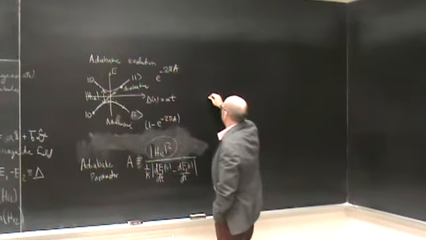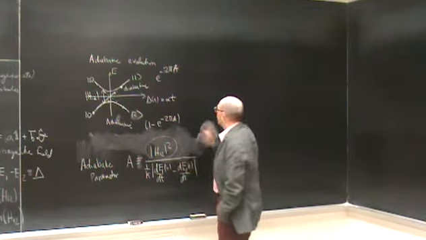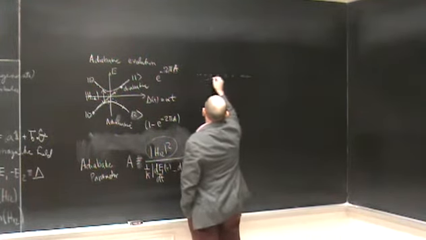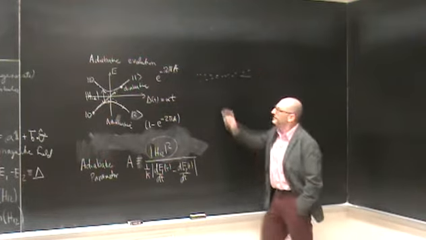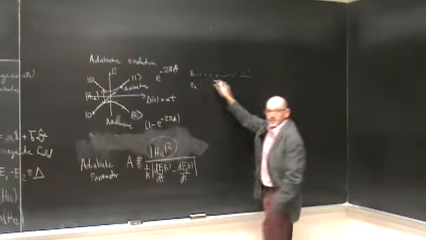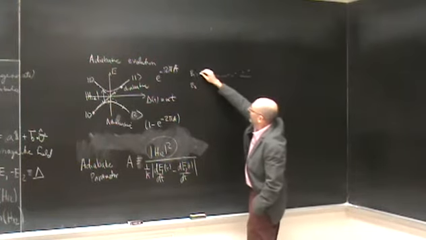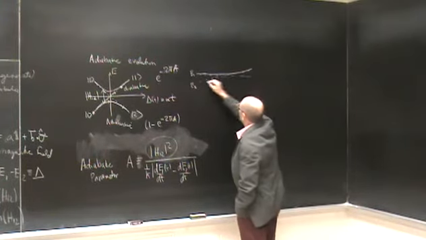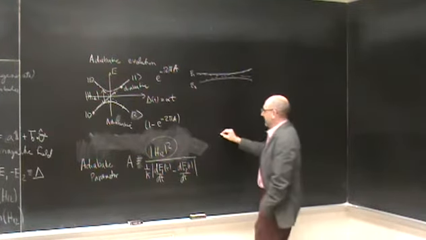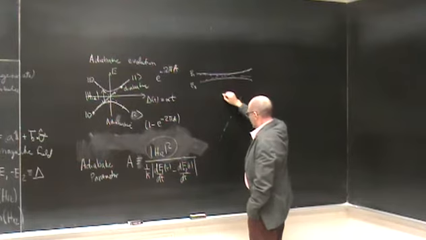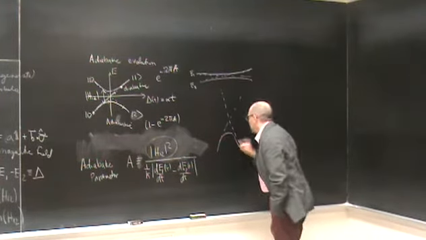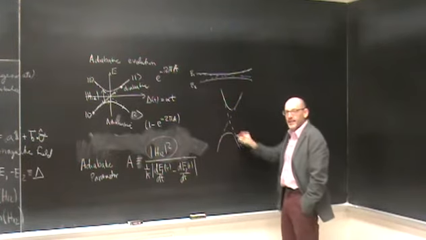So if I have two systems, you notice it looks like the difference of the slopes. If you have something which is very shallow, this is E1 and this is E2, if they don't change very much as a function of time, then I don't need as big of a gap, and I'm guaranteed to stay adiabatic. On the other hand, if the two levels come up with very different slopes, then I better have a pretty big gap in order to stay adiabatic.